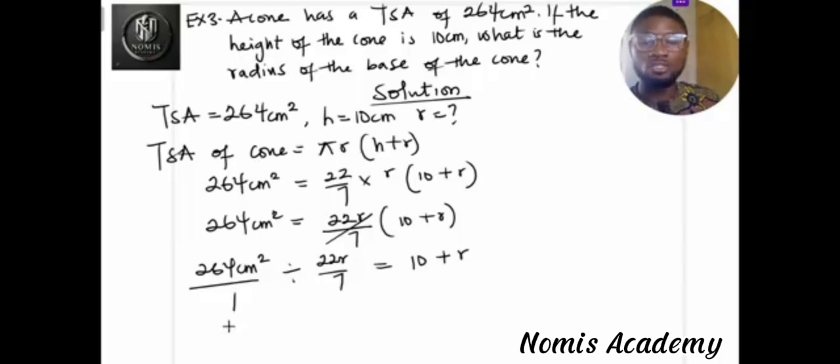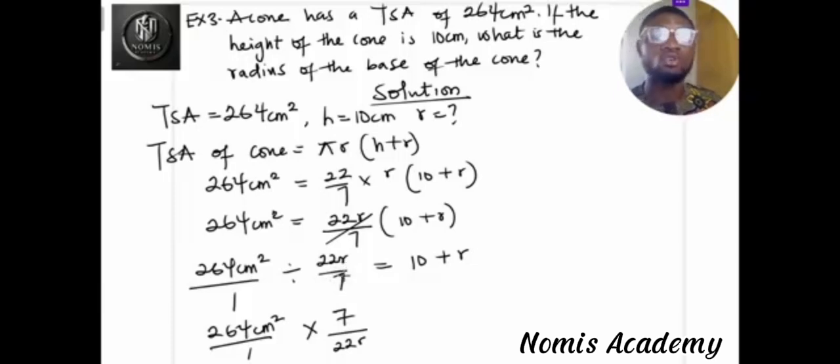Now I can change this to be multiplication. It becomes 264 centimeters squared over 1 multiplied by 7 all over 22r. You know that when you change this division to multiplication, the next fraction changes its position such that numerator becomes denominator and denominator becomes numerator.